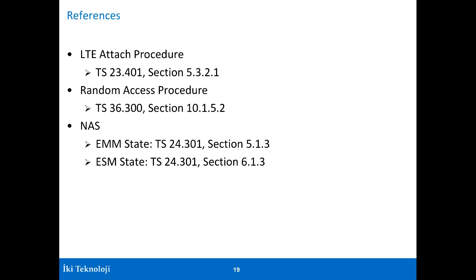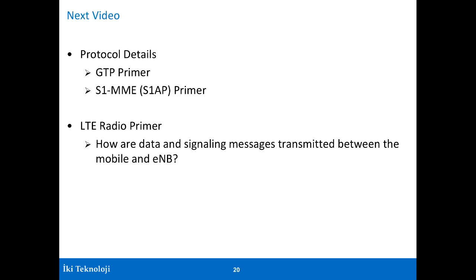And I know we covered quite a few things, and here are a few references to specifications if you want to take a deeper look into how this attach procedure works. If you want more details, we have the GTP primer that talks more about how these GTP tunnels are being set up.